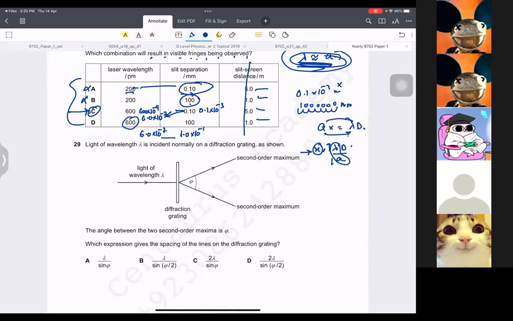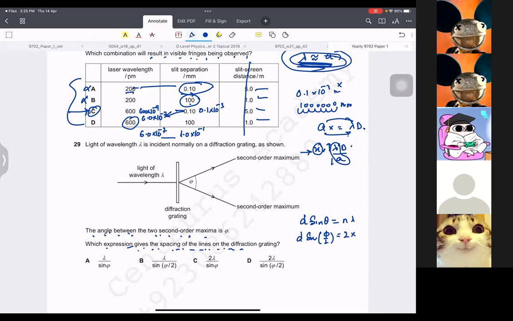Now, the angle between the two second orders is phi. Which expression gives the spacing of lines on a diffraction grating? He's talking about d, right? So d sine theta equals n lambda. d sine of phi by 2, because that's how it is.